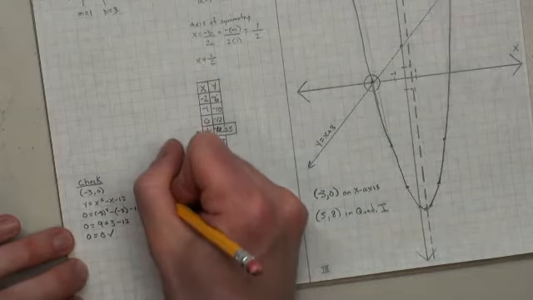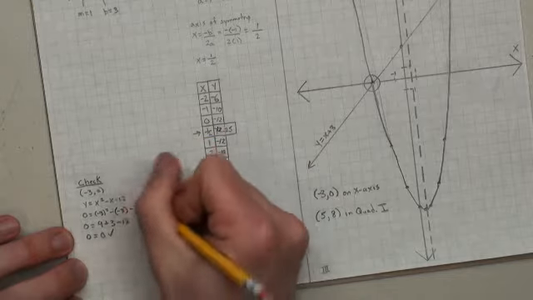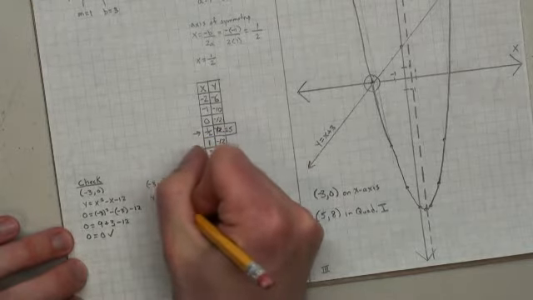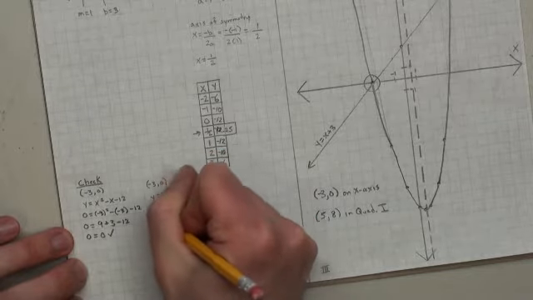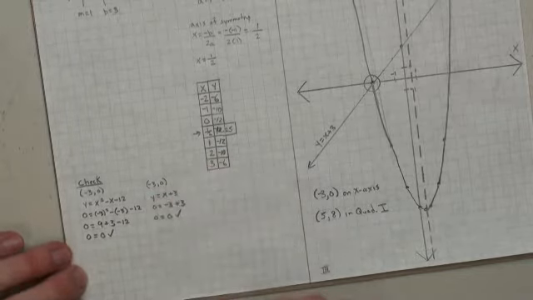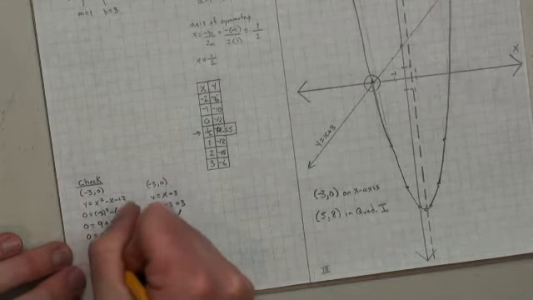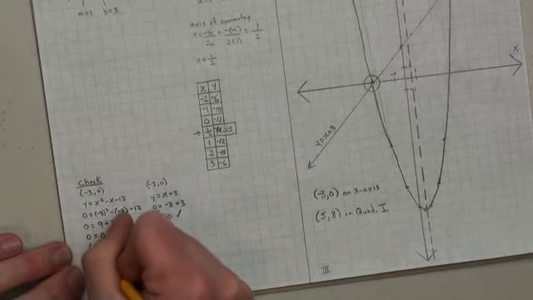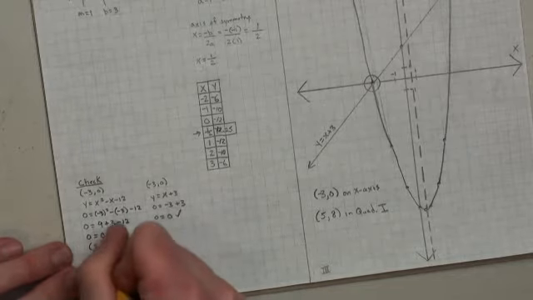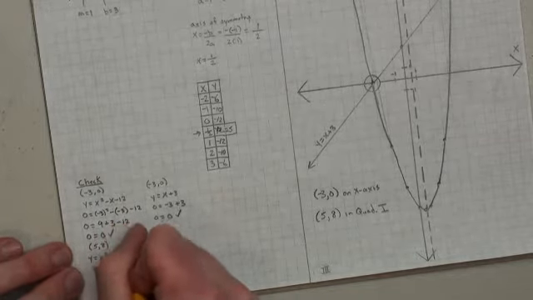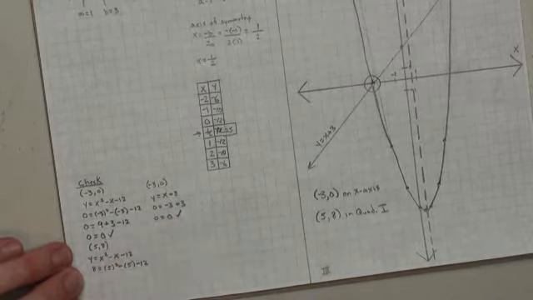Okay, now let's check the same point in the linear equation. Y equals x plus 3, 0 equals -3 plus 3, 0 equals 0. It checks. Now let's check our other point, 5, 8. Y equals x squared minus x minus 12. 8 equals 5 squared minus 5 minus 12.